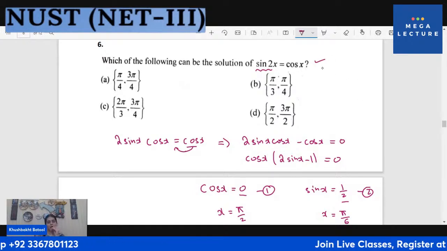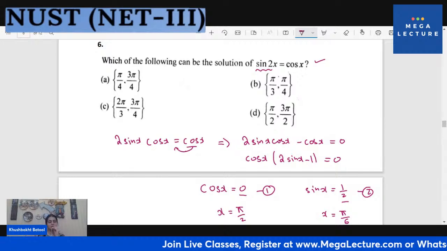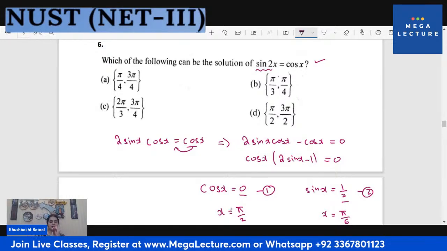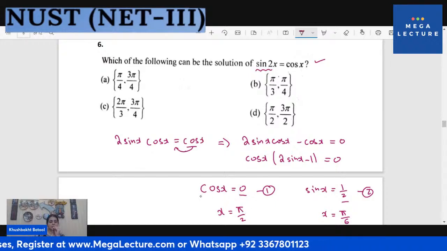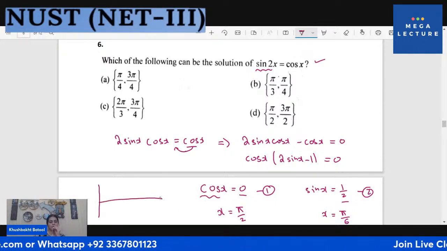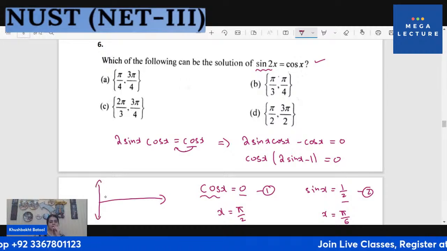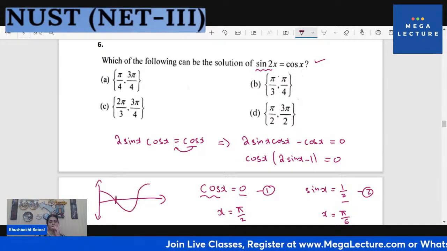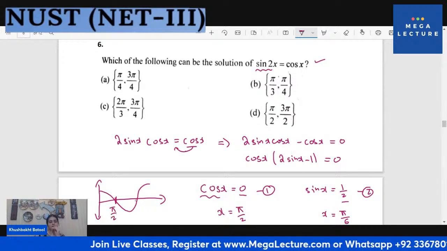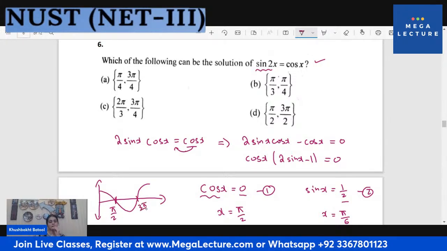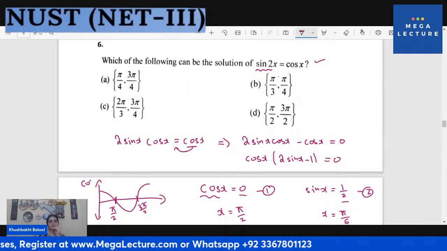Okay. Now I need to understand this logically. Again, this concept is about you can think about it through the graph. X equals pi by 2. Now cos is 0 when theta is pi by 2. This is pi by 2, and this is 3 pi by 2, and this is cos theta, and this is theta.